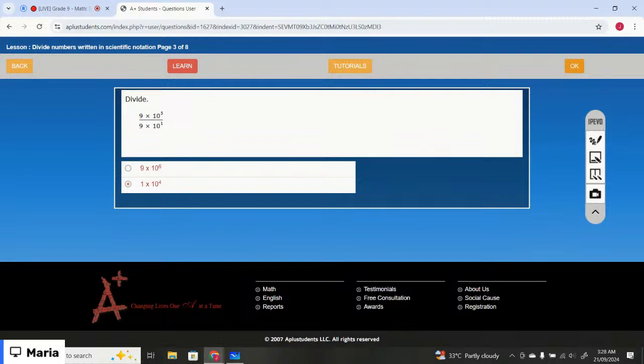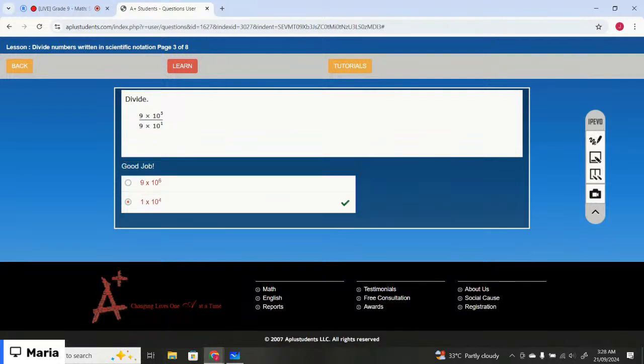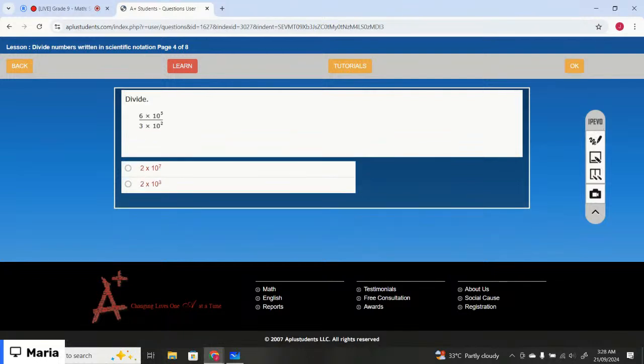Okay, the next one is 6 times 10 exponent 5 divided by 3 times 10 exponent 2. So which is the correct option?